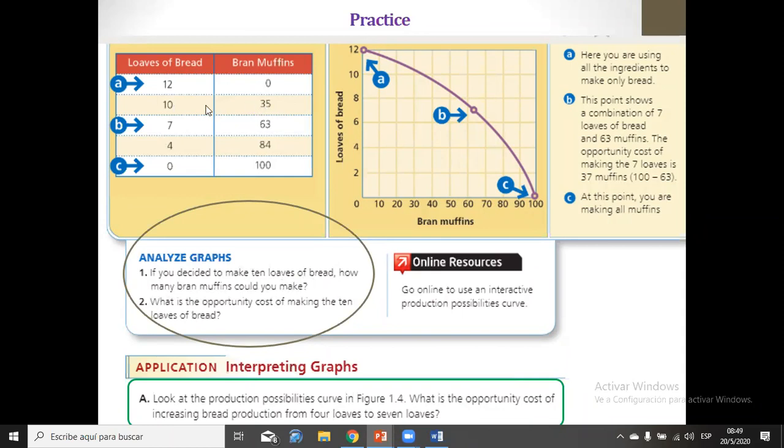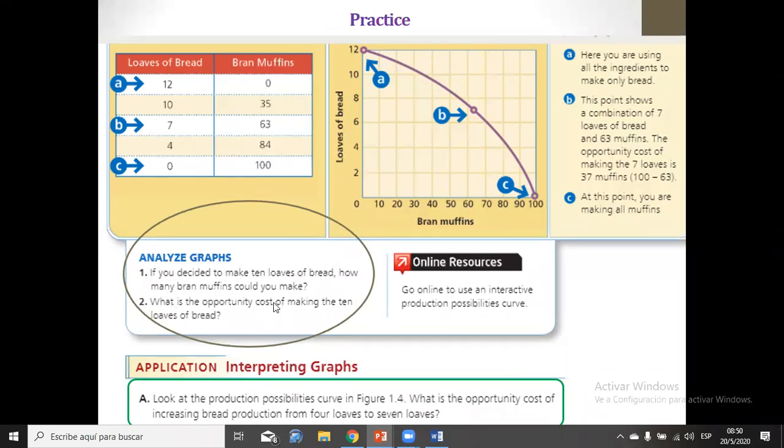And what is going to be your opportunity cost in order to produce 35? 12 minus 10 is 2. So you will give up 2 loaves of bread. That is your opportunity cost. You traded 35 muffins, and your opportunity cost was to give up 2 loaves of bread.